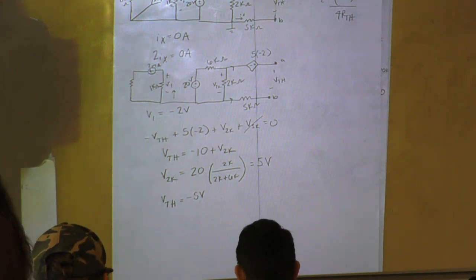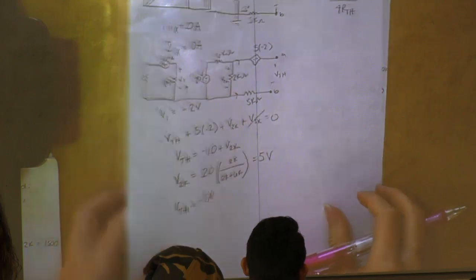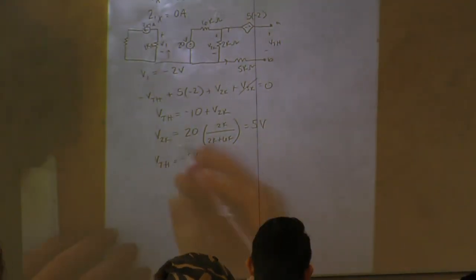So for RTH using test, we shut off all our sources, we test to AB.